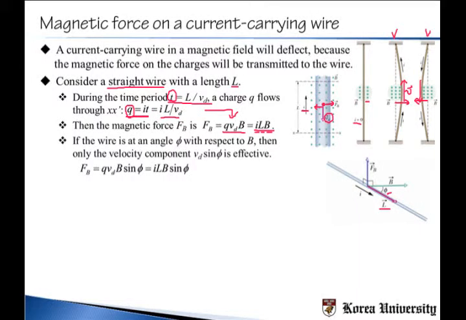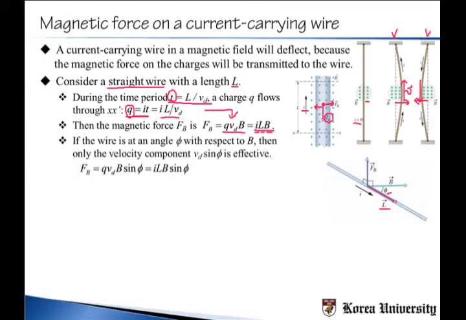So in this case, what will happen? How would it change? You know that the direction of the wire is the direction of the charge's motion. And we already learned that when this velocity or the motion is parallel to the magnetic field, there will be no force, right? So what we need is the velocity component perpendicular to the magnetic field.